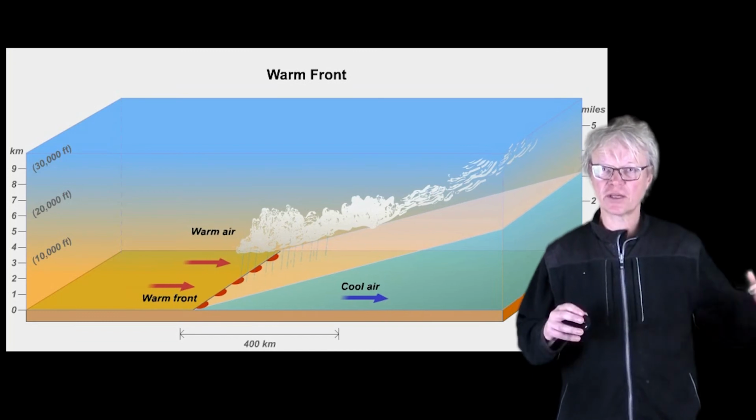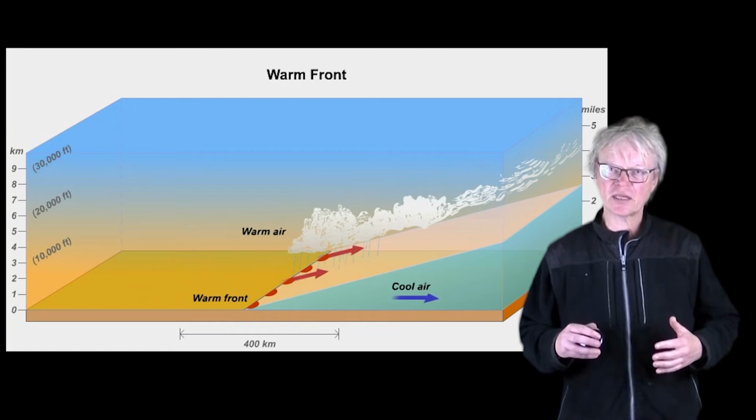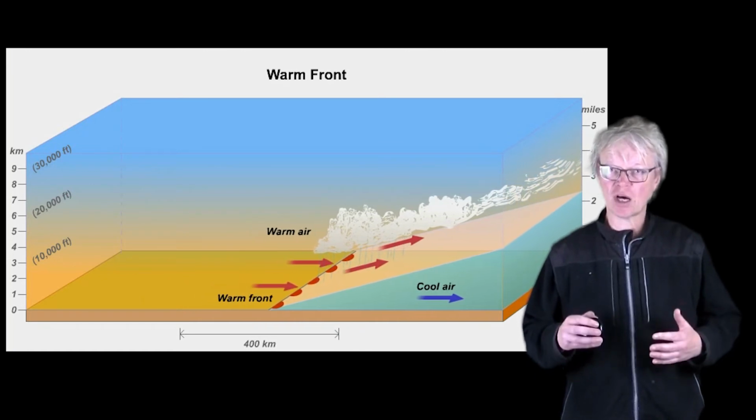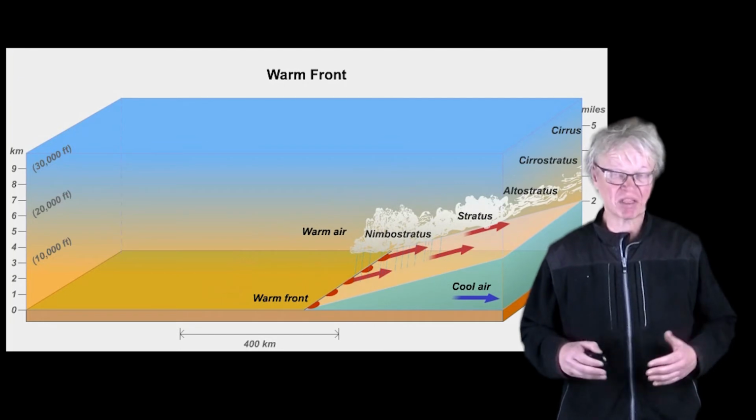So the weather that you will experience, let's start with a warm front. As a warm front approaches, it'll move up and over the cold air. What that does is produce different types of clouds in a more gentle manner, if you like.